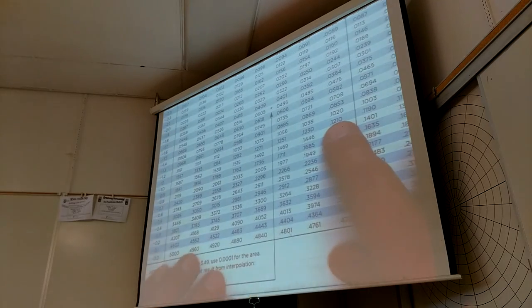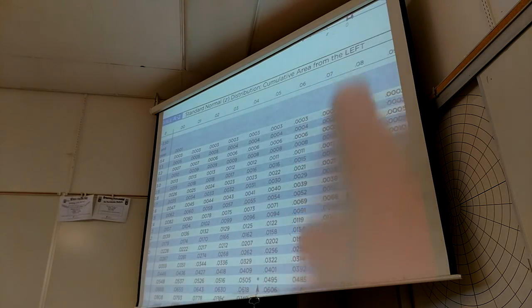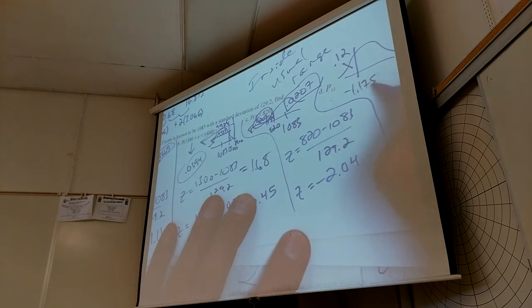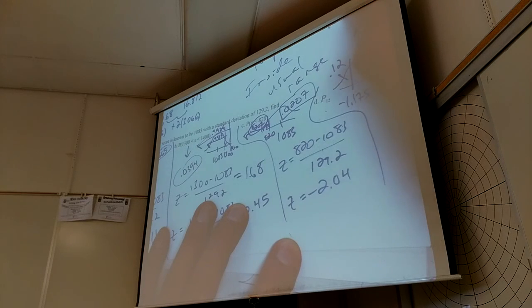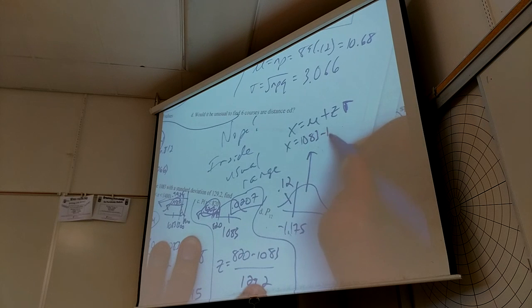So the z-score I want to use is negative 1.175, right in the middle. So this would be negative 1.175, and then I use that backwards formula to change it back to an x score. So x is the mean minus 1.175 times the standard deviation of 129.2.